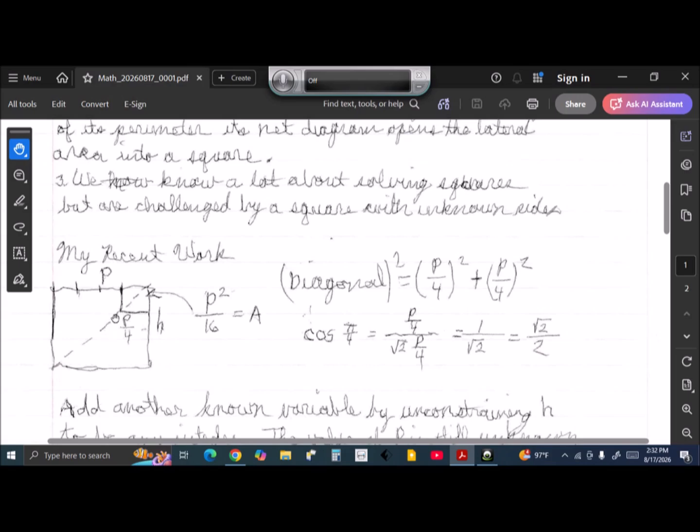Got the 45-degree angle on the square here in this corner. When you draw the diagonal, this corner angle, which was 90, will be broken into two angles, 45 and 45. And so we could calculate whether these relationships are reasonable by calculating the cosine of 45 degrees, which in radian measure is pi over 4.